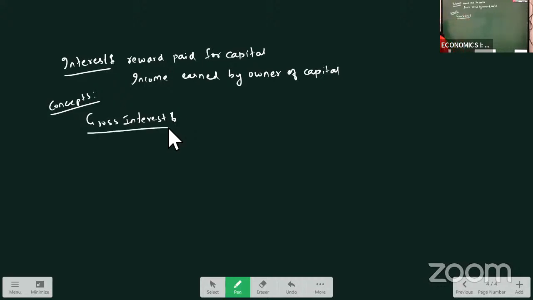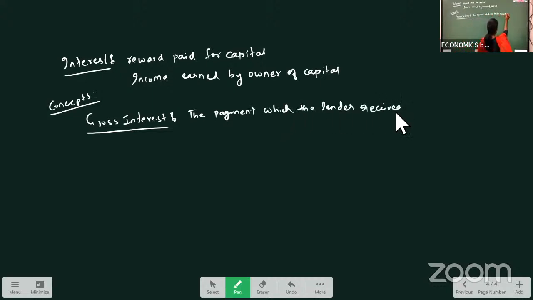It is the payment which the lender receives from the borrower, which includes net interest, excluding the principal.